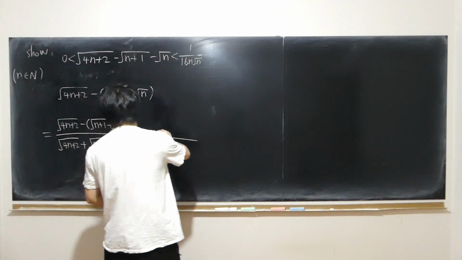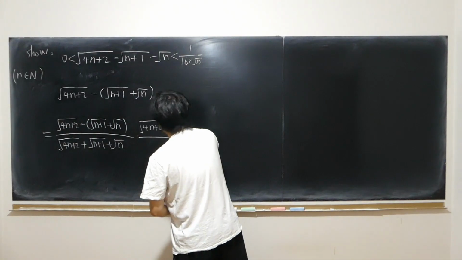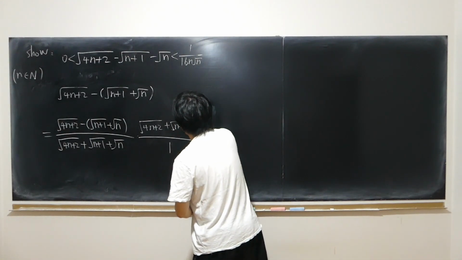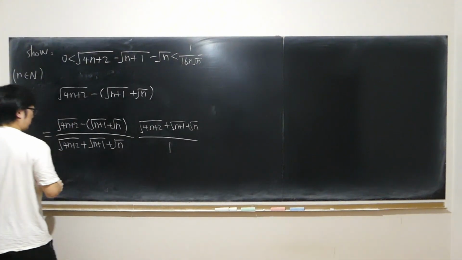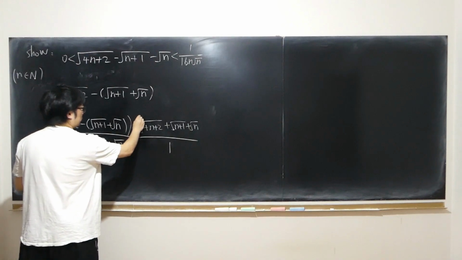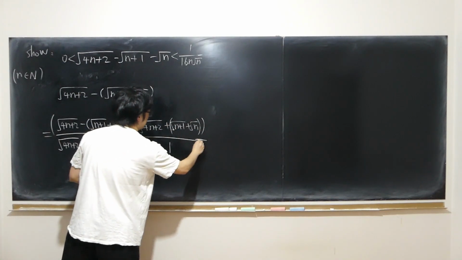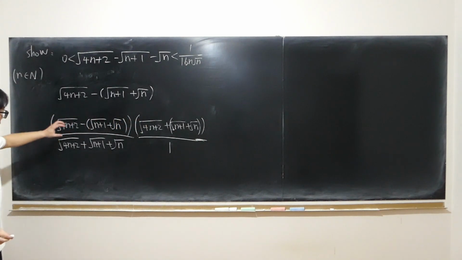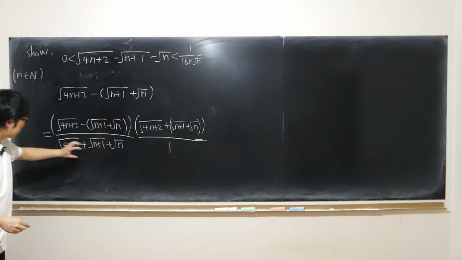Right, we do the same thing. 4n plus 2 plus square root of n plus 1 plus square root of n. Now, on the top here, immediately we have a difference of perfect squares. Right? That is this square minus this square. But down here we still have this.